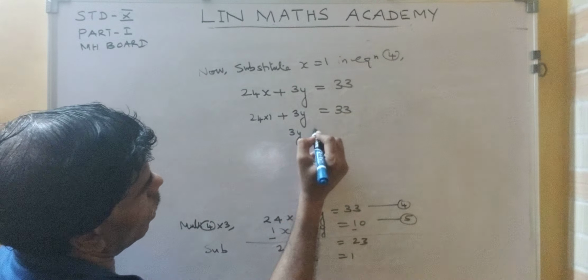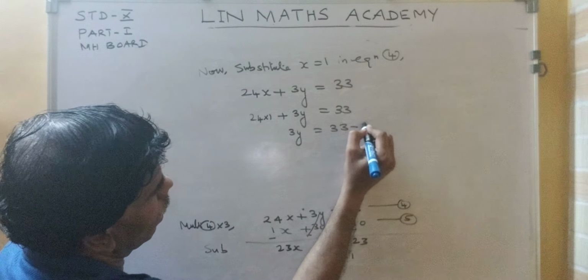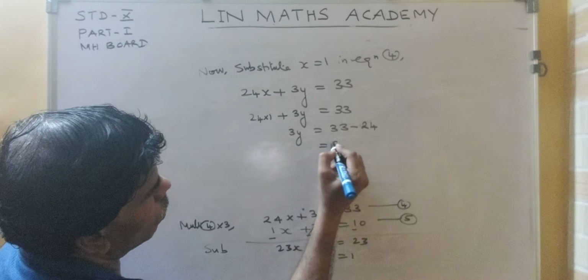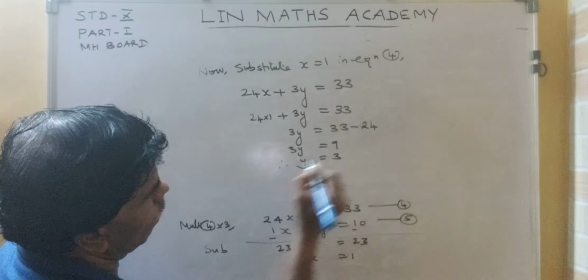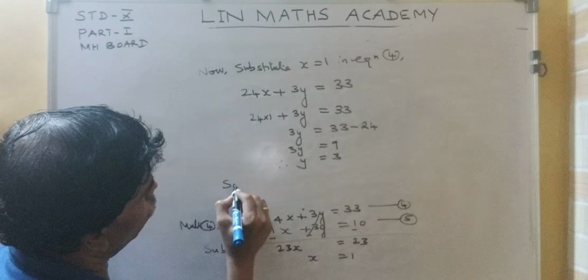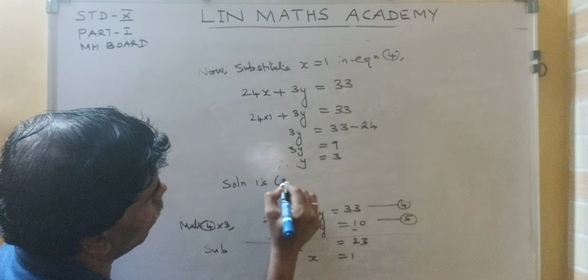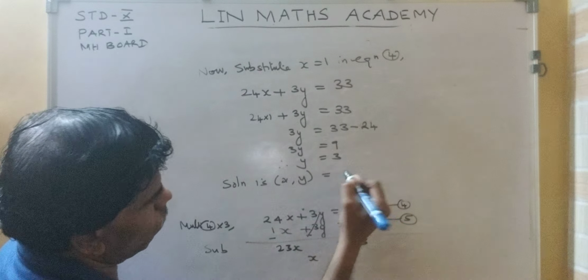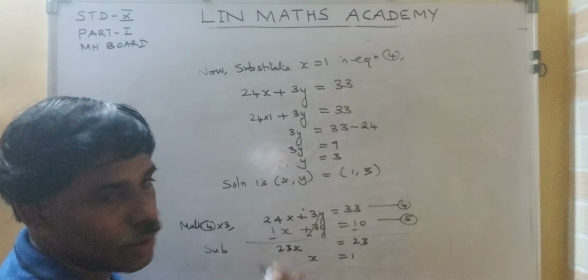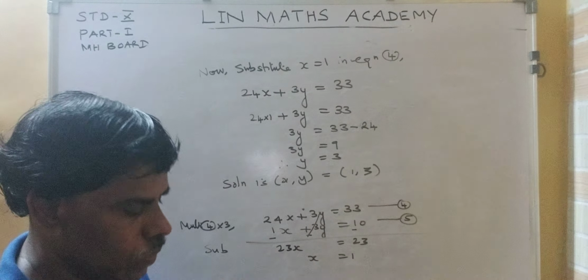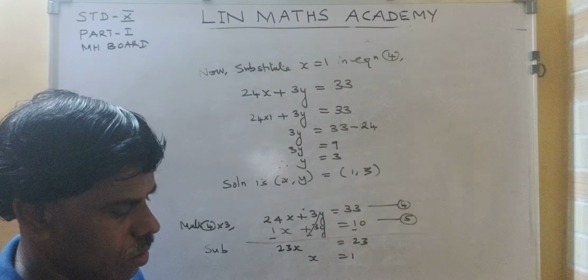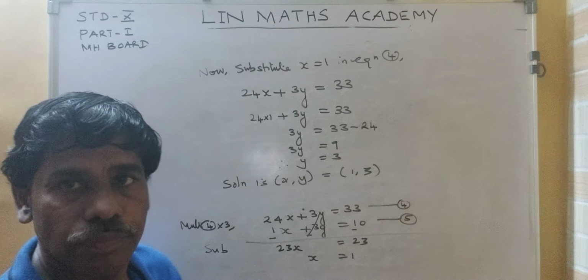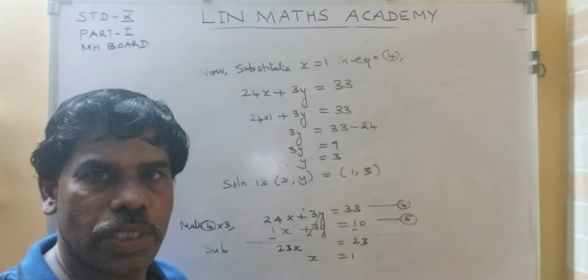So 3y equal to 33 minus 24 is equal to 9. Therefore y equal to 3. So solution is x comma y is equal to 1 comma 3. Followed? So the rest of the things we will see in the next lecture.